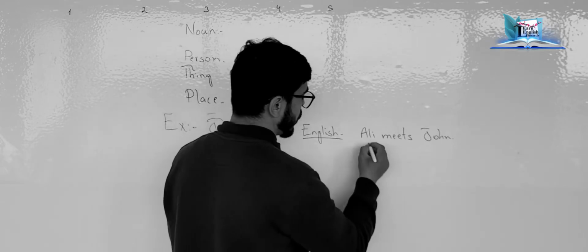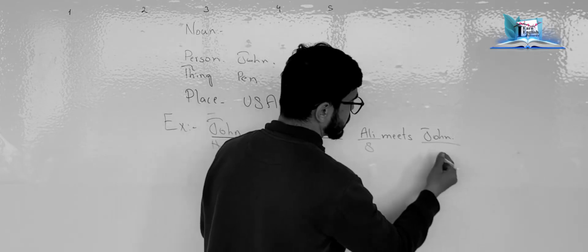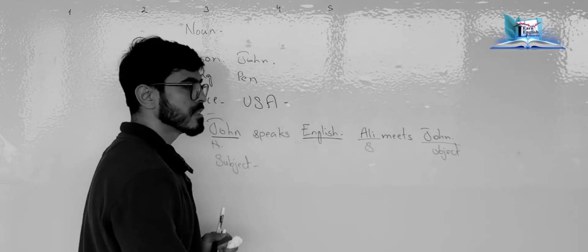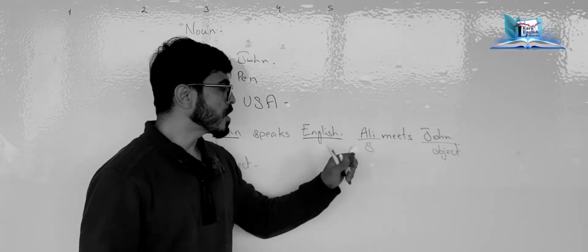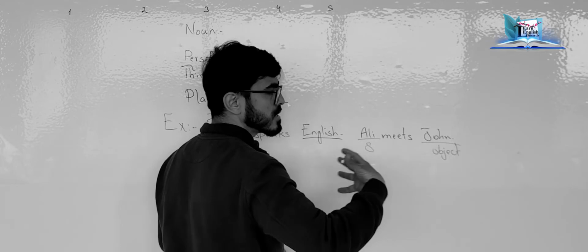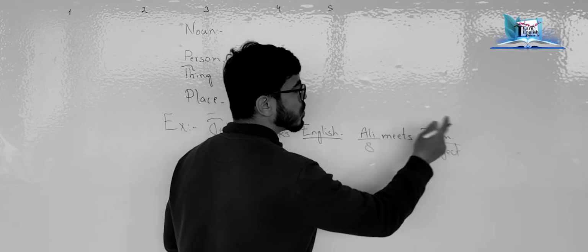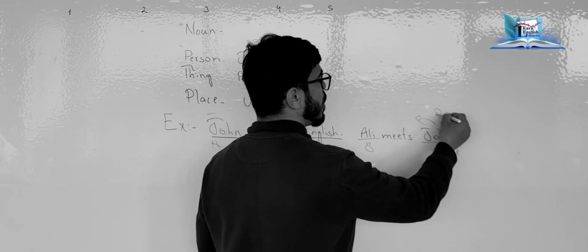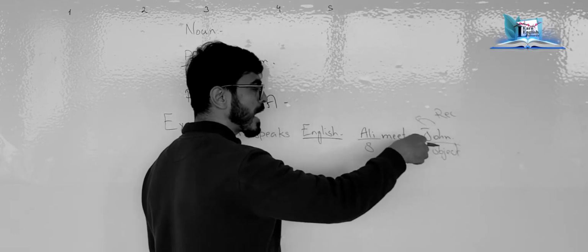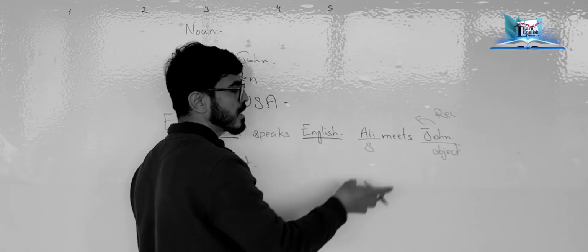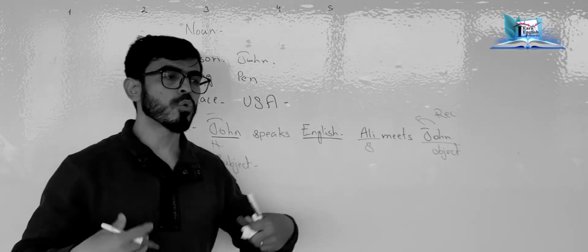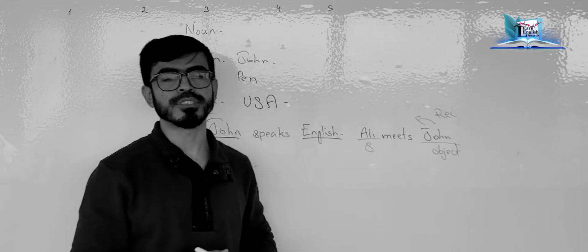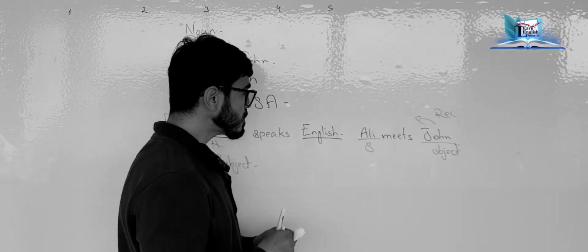In this sentence, you know that Ali is the subject and John is the object of the sentence. Okay, so because Ali does things, so what is that? That is meeting. Meeting who? John. So John is the object. So John is the receiver of an action, which is called object, and Ali is the doer of an action, which Ali does things, right? That's called subject and object of the sentence.